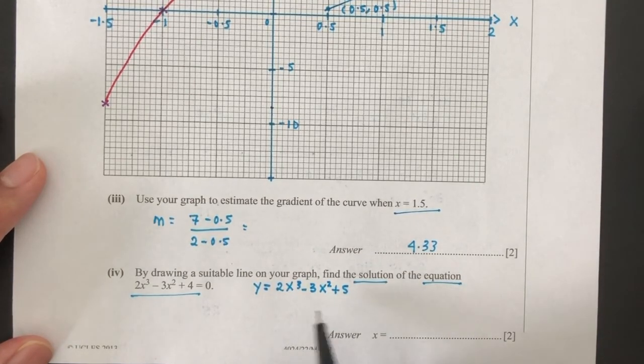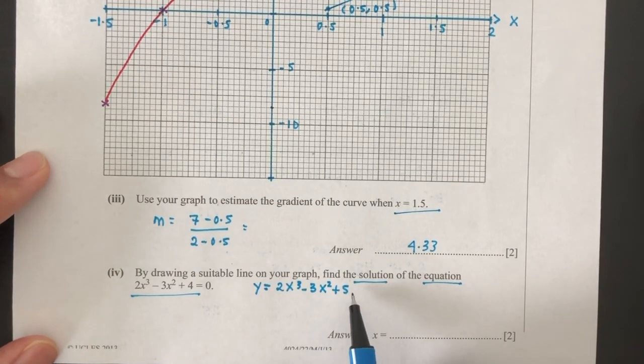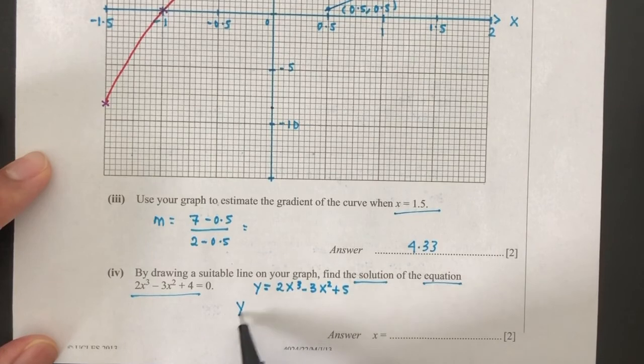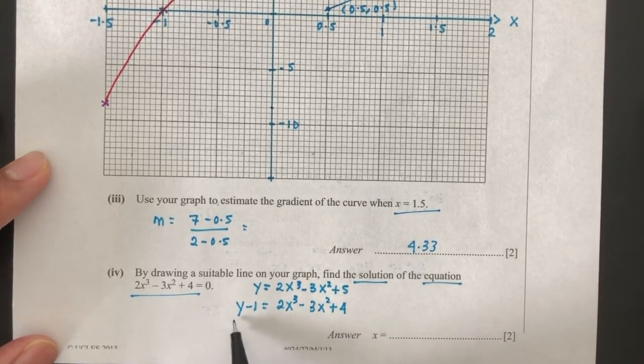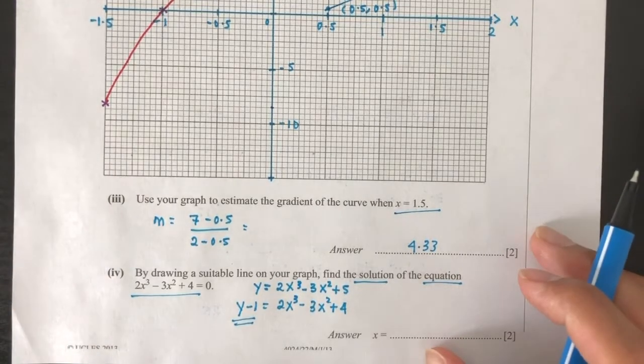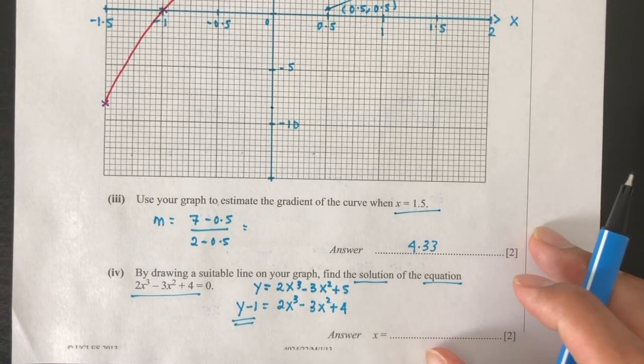So the only difference here, as you can see, is this one is 4 and this one is 5. So what if we minus 1 on both sides? You'll have y minus 1 equal to 2x cubed minus 3x squared plus 4. This is the same as this, so we have to draw this line, y equal to 1.